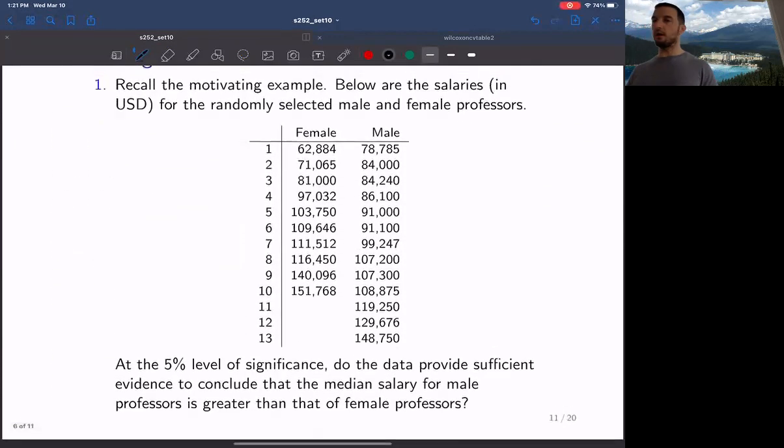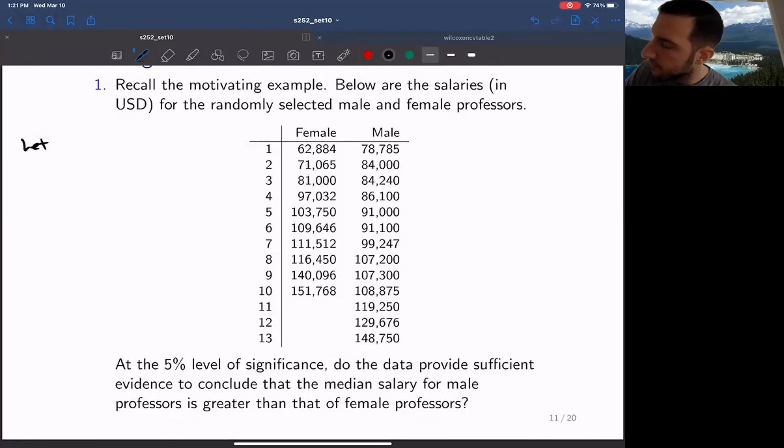Okay, so returning to our data set that has the salaries for 10 female professors and 13 randomly selected male professors. At the 5% significance level, do the data provide sufficient evidence to conclude that the median salary for male professors is greater than that of female professors? All right, so we are testing to see if the median salary for the male professors exceeds that of female professors.